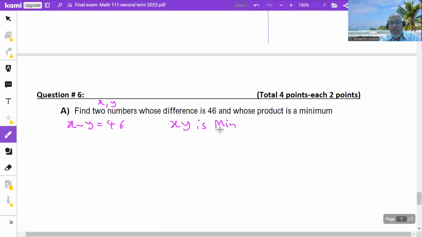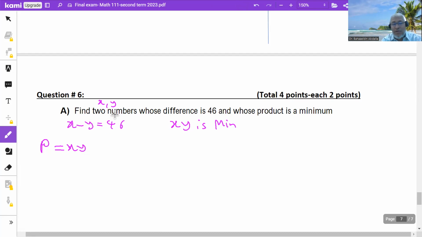Well, the thing we need to minimize or maximize, that would be my function. So my function would be the product. I need to minimize the product, so I'll call the product P, x times y. Now my function should be a function in one variable, so I should replace x by y or y by x.